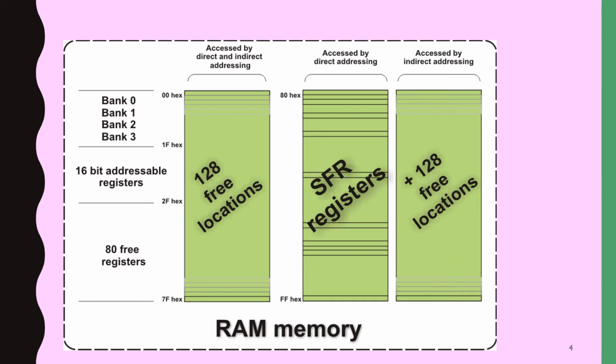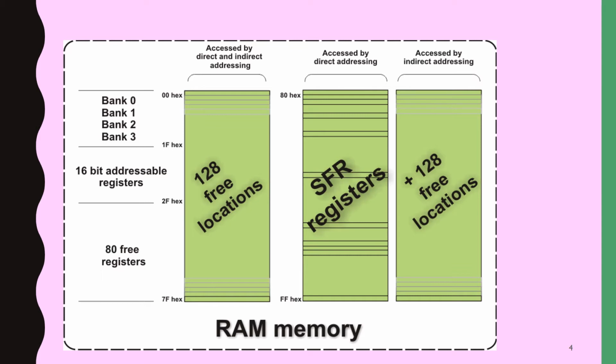The memory block in the range of 20H to 2F is bit addressable, and whatever is after that is byte addressable, and some of those locations are also bit addressable. So there are 128 free locations, 16 bytes of bit addressable registers, and 80 free registers in the range.